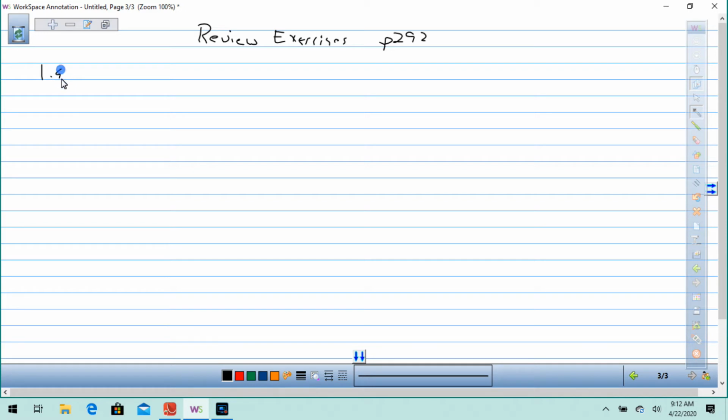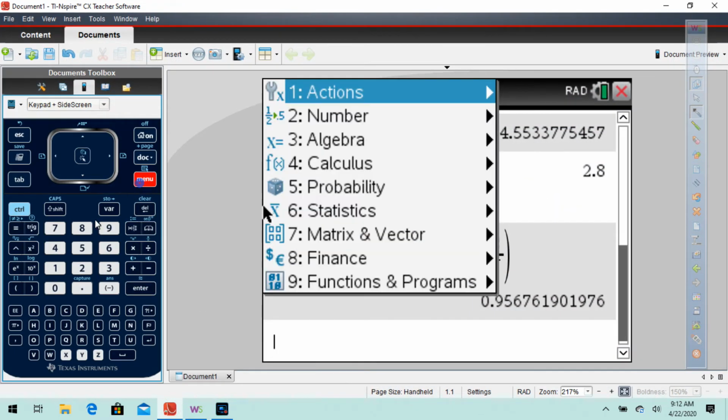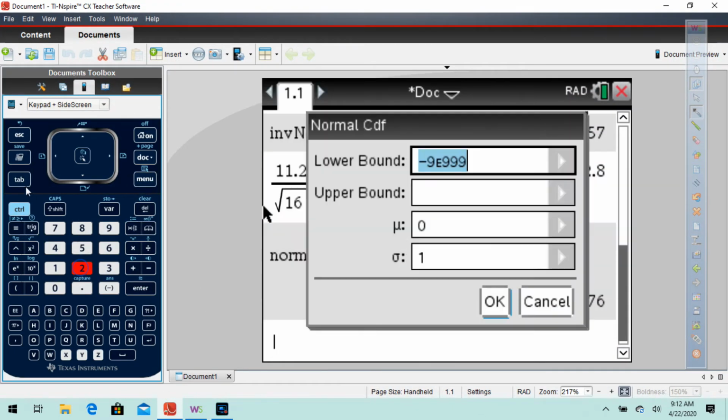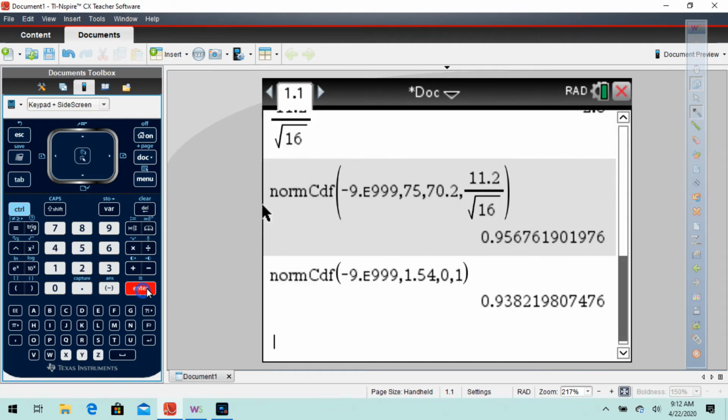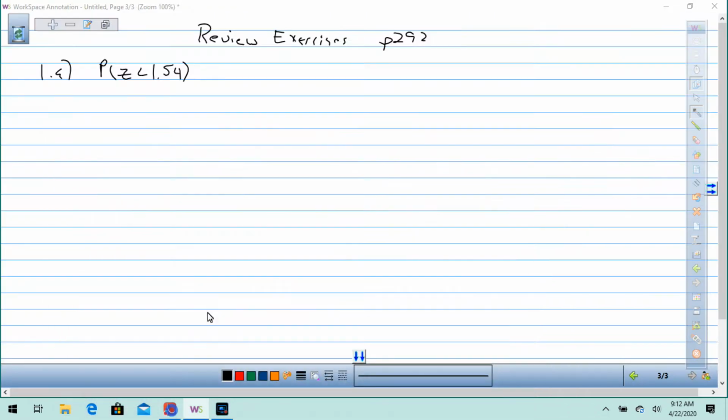So A, for a randomly selected subject, find the probability of a bone density test score less than 1.54. So the probability that Z is less than 1.54. Menu 5, 5, 2, negative infinity, 1.54, and then we just press enter and we got 0.9382.